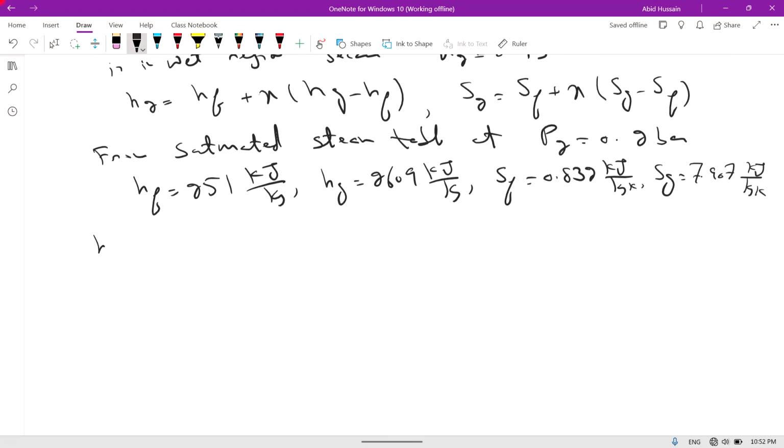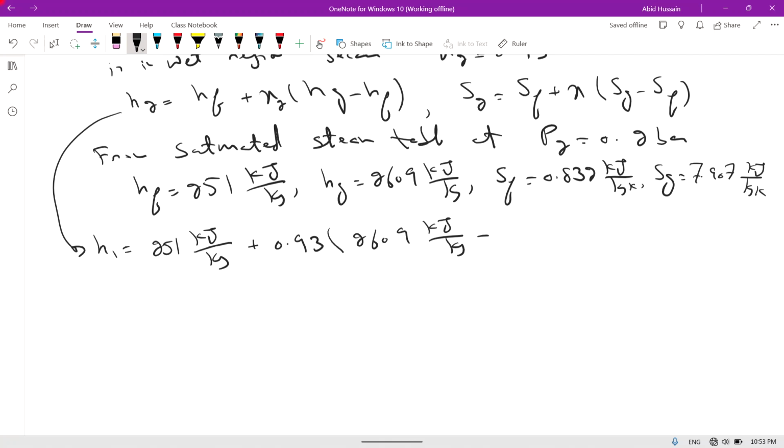Now we are finding H2. H2 is equal to Hf plus x times Hg minus Hf. The value of Hf is 251 kilojoule per kilogram plus the value of x2, 0.93, times Hg, 2609 kilojoule per kilogram, minus Hf, 251 kilojoule.